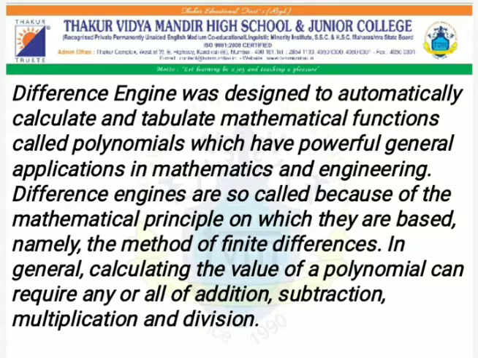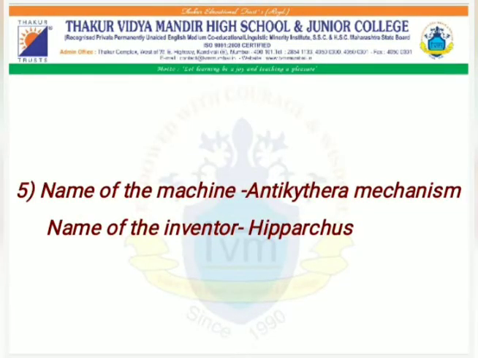The Difference Engine is so called because of the mathematical principle on which it is based. In simple words, calculating the value of a polynomial can require all 4 basic methods of calculation, that is addition, subtraction, multiplication and division.